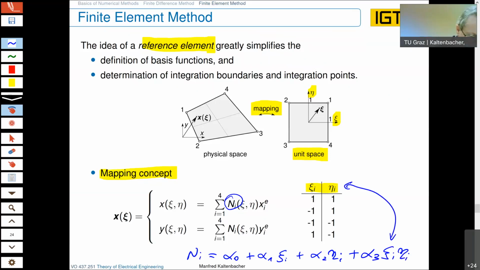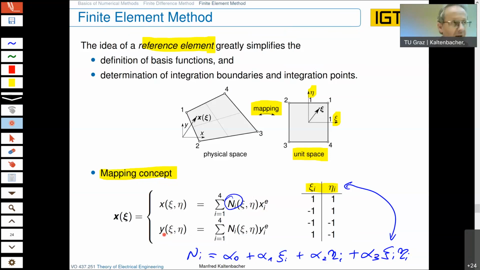We also know in the physical space x_i. And now we have 4 equations because we have 4 nodes, and we make this ansatz here. We have 4 unknowns, alpha 0, alpha 1, alpha 2, alpha 3. 4 equations, 4 unknowns, consistent. We just solve it and we will get out our basis function Ni.